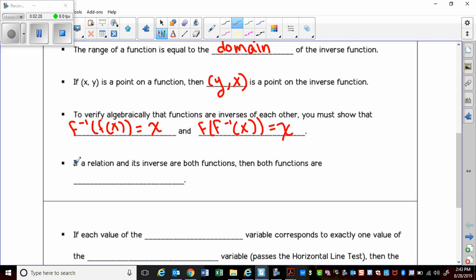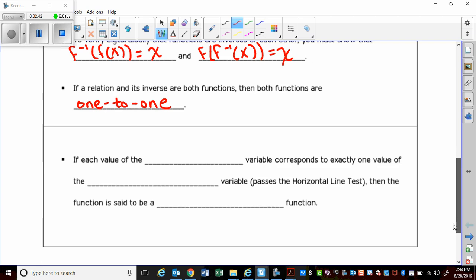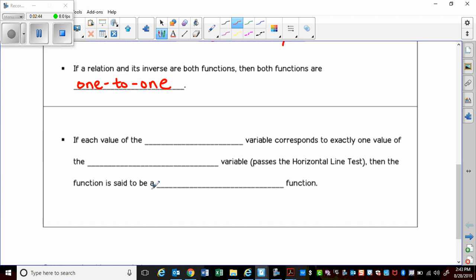If a relation and its inverse are both functions, then they are called one-to-one. So if they pass the vertical and horizontal line test, then the function is one-to-one.